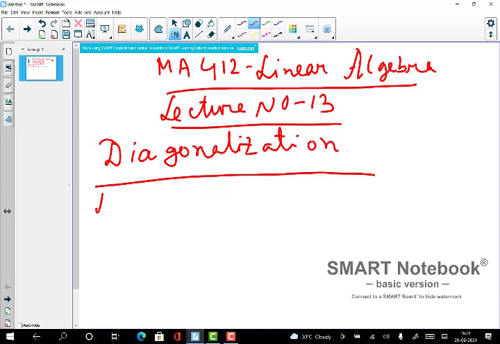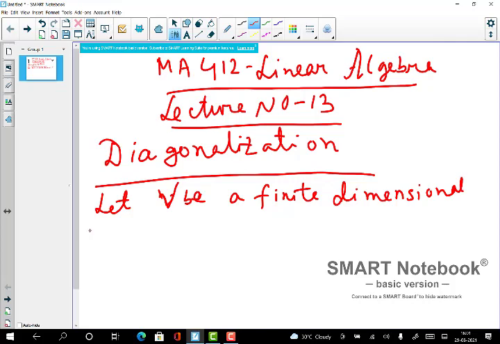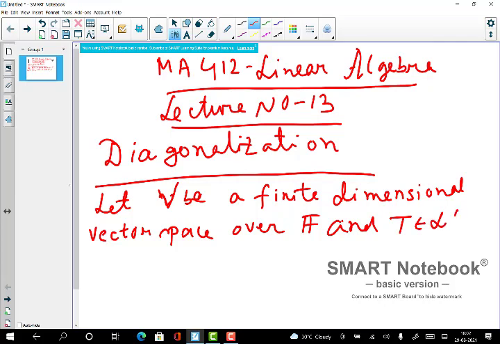So let V be a finite dimensional vector space over some field F. Then you choose a linear operator T belonging to L(V), some linear operator.